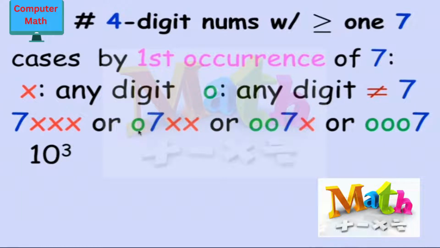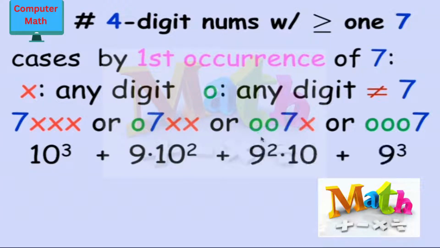Here, the first choice is 9 and the second 2 choices are 10, so it's 9 times 10 squared. Here it's 9 squared times 10, and here it's 9 cubed. These are disjoint because they're distinguished by where the first 7 occurs. And so I just add them up and I get this number.